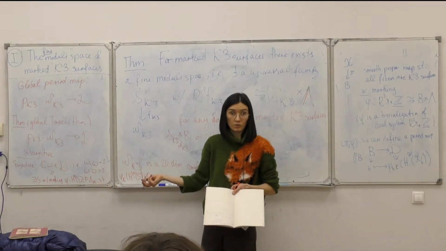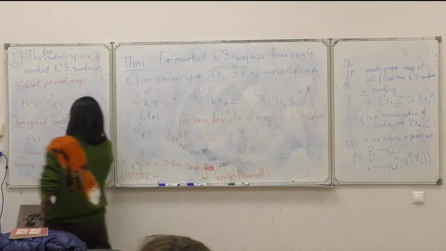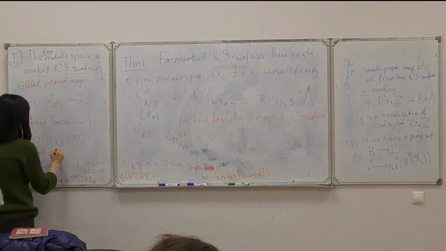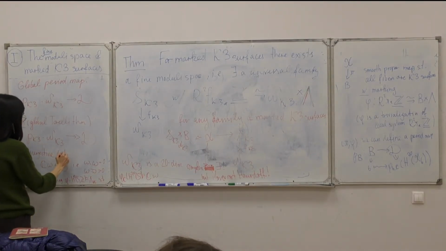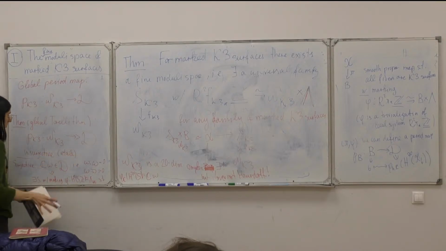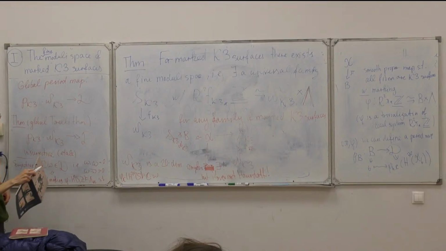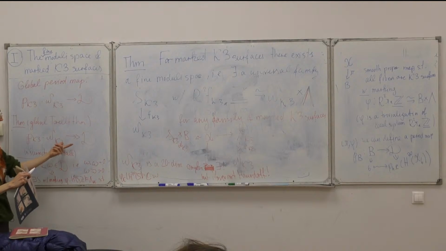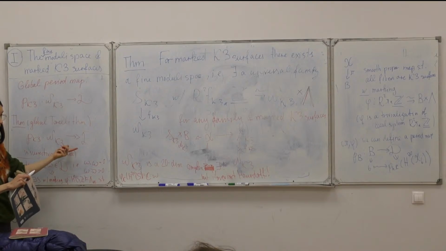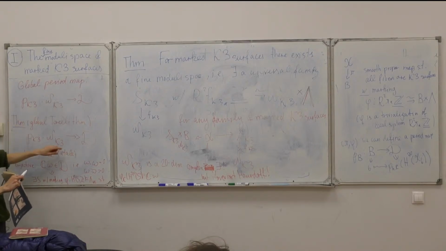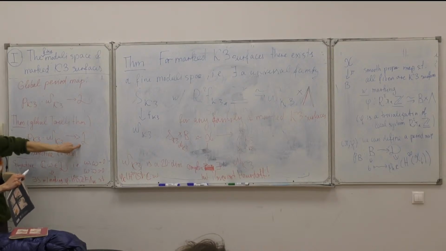This is the surjectivity statement. And in fact, also let me say that this map is étale in the sense that the corresponding differentials are isomorphisms, but we cannot hope that this global period map is injective.